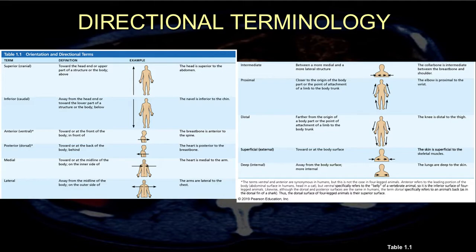The first two terms are superior and inferior. Superior is the opposite of inferior. Superior is closer to your head, inferior is closer to your toes. So what is superior to my nose? My forehead.